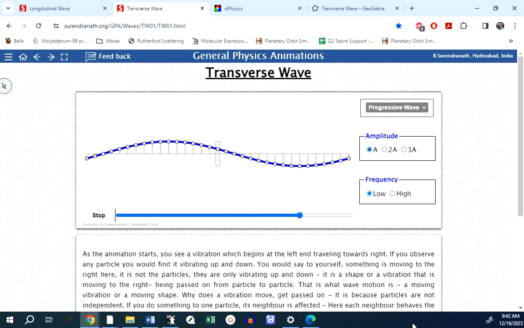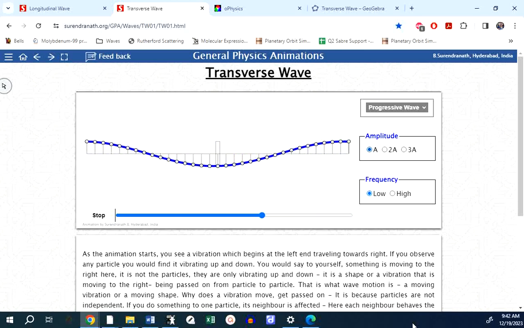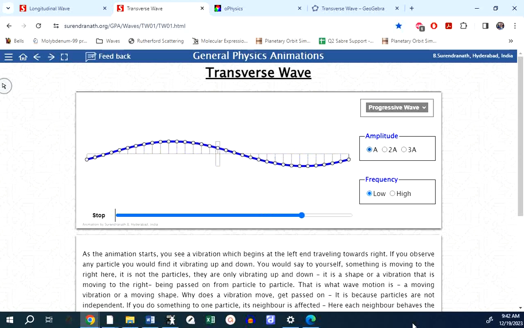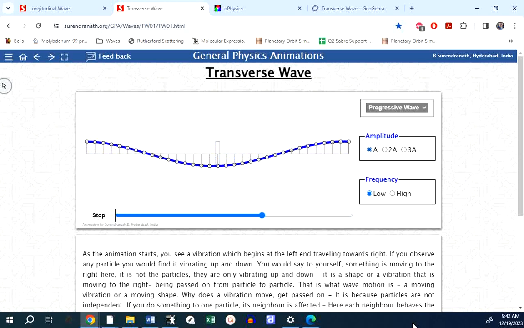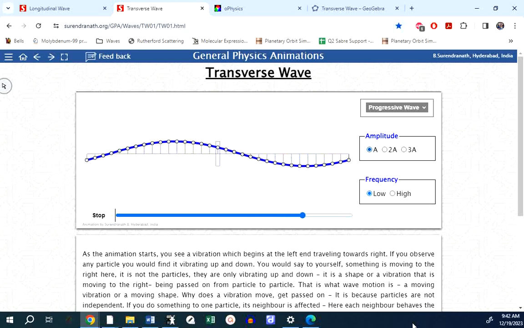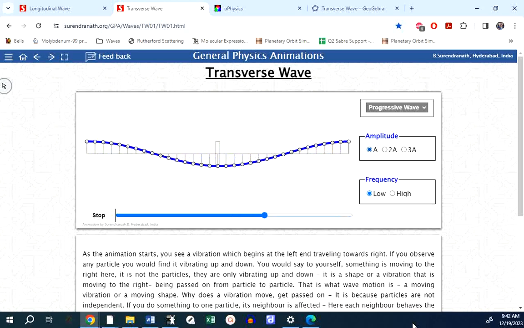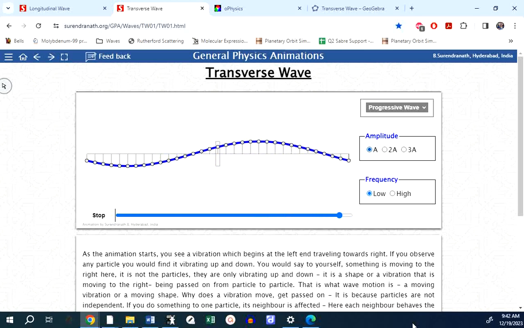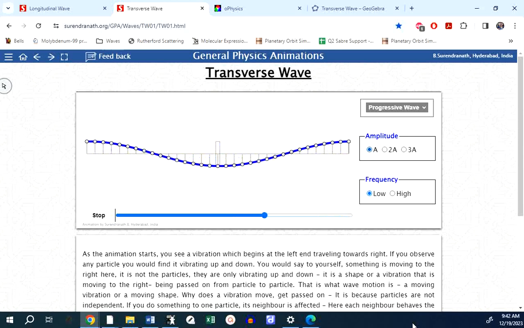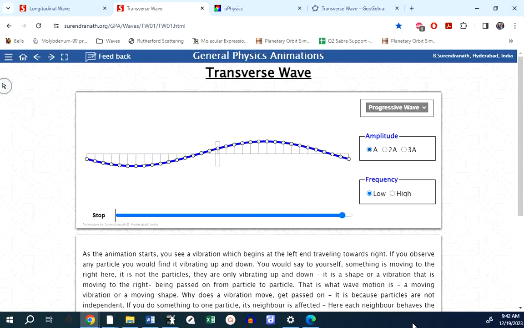Hang on. And I grab the free hand of the person on this end, and I start swinging them back and forth like this. Do you agree that down the line, this person at the other end is going to end up going back and forth? But there's a time delay there, right? The second person moves back and forth because they're connected to the first person.